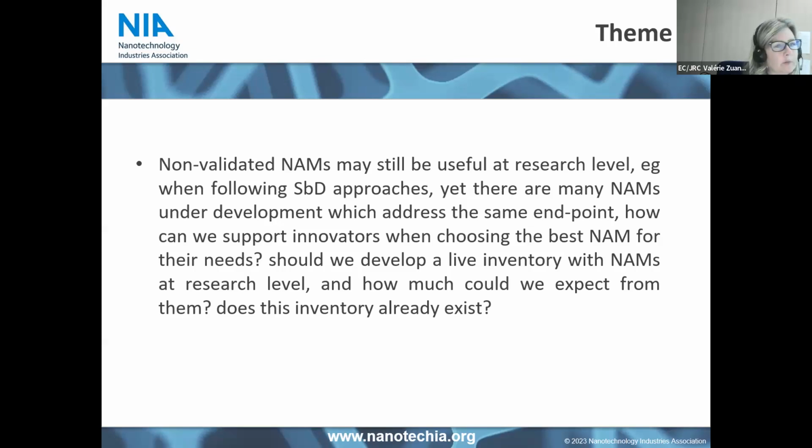Would there be a need to have a centralized database where all the information can be found, etc.? All these issues are actually under discussion, I must say, and there is no one-size-fits-all solution that has been found yet.